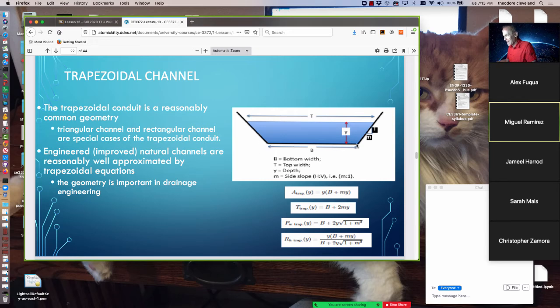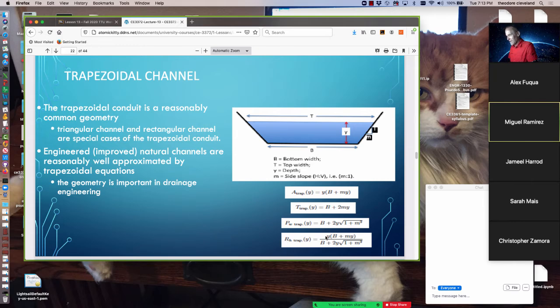Add to that b, the bottom width, and that'll give us the wetted perimeter. So for this drawing, the wetted perimeter is b plus 2y multiplied by the square root of 1 plus m squared. And again, if you have different side slopes on either side, then this term gets broken into the two hypotenuses.